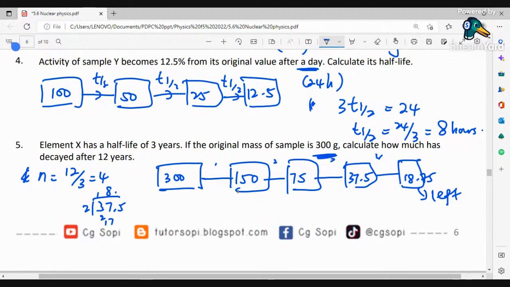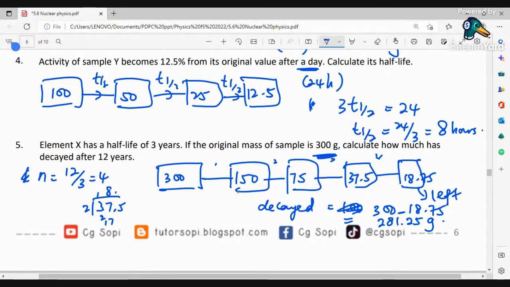So yang already decayed, the decayed one ialah 300 minus 18.75. Okay, so kita dapat berapa? Itu adalah dia punya fraction ataupun how much has decayed. Okay, how much has decayed maksudnya ialah 281.25.